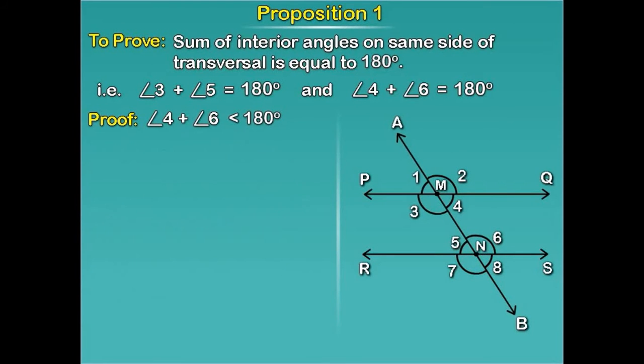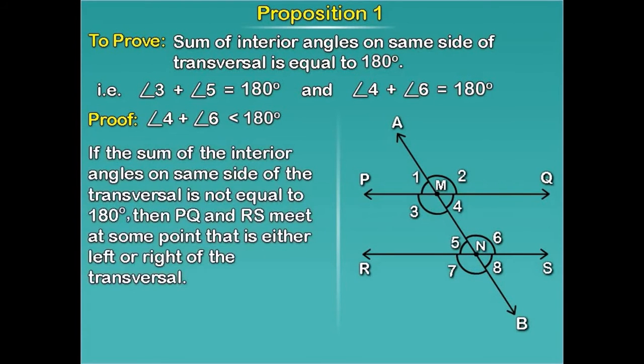You can thus see that if the sum of the interior angles on the same side of a transversal is not equal to 180 degrees, then PQ and RS meet at some point, that is, either left or right of the transversal.